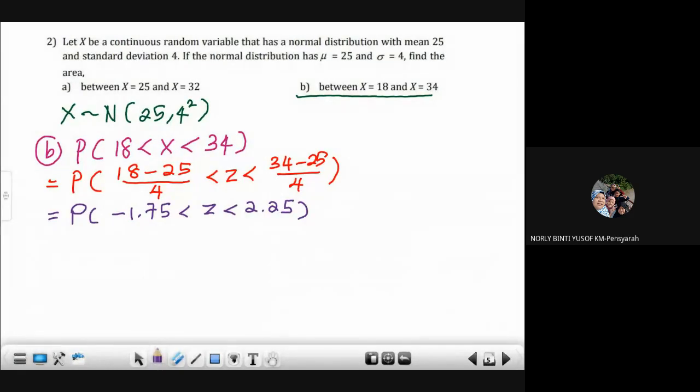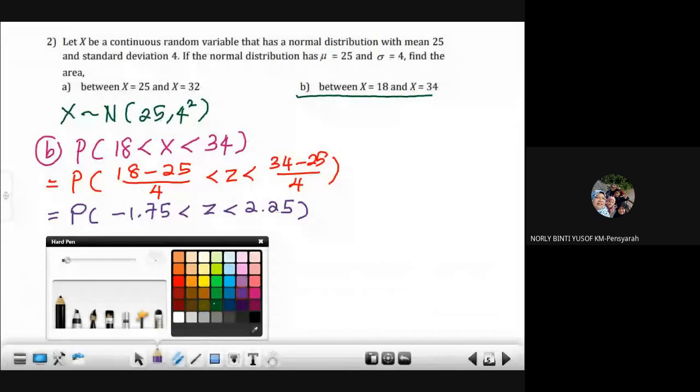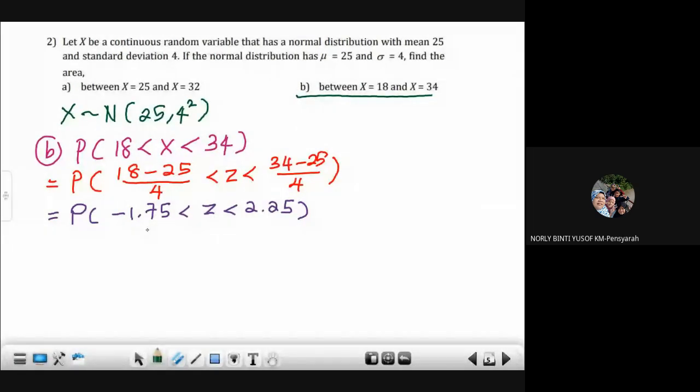Okay, so now we have it in Z form. We will read the table, but we want to see the area in the normal shape. So we draw: one negative, one positive, with zero in the middle. 2.25 is on the right and negative 1.75 on the left. This is your region, your area.